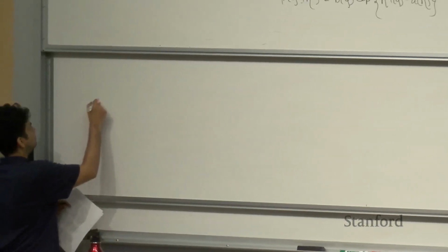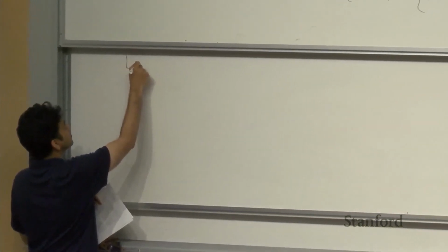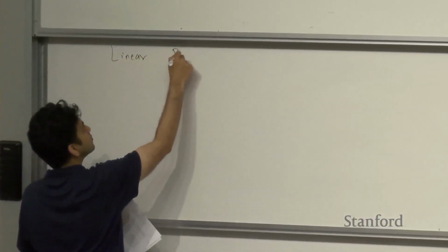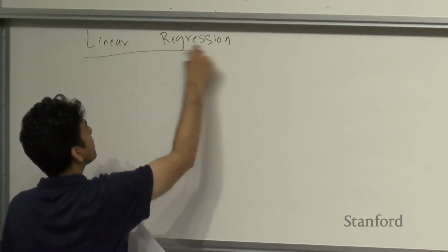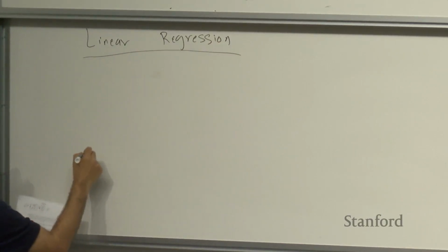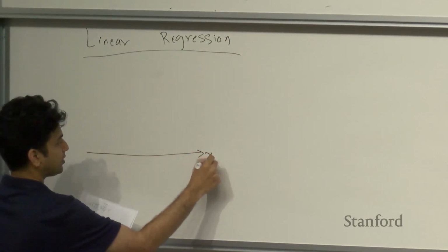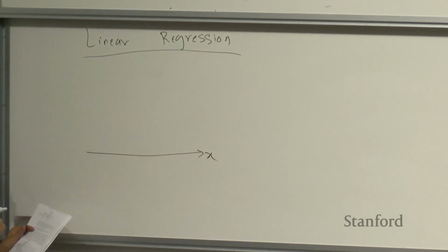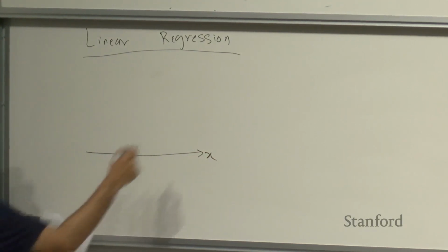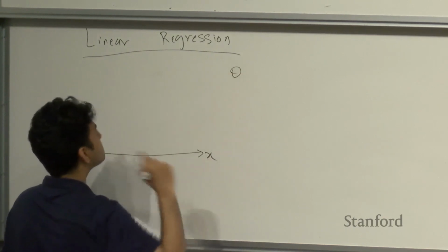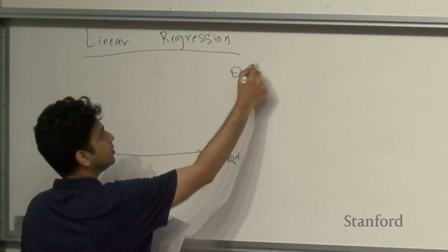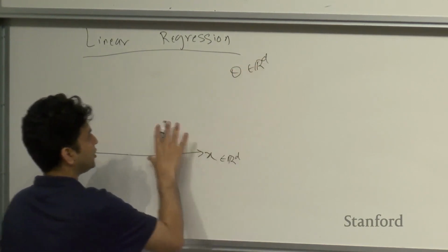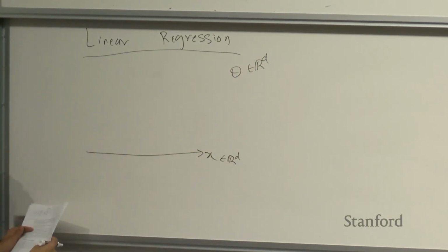So for linear regression, assume this to be your x-axis, the data. And there is some theta. So x is in R^d, theta is in R^d, but for this picture we're just assuming it's one dimensional.